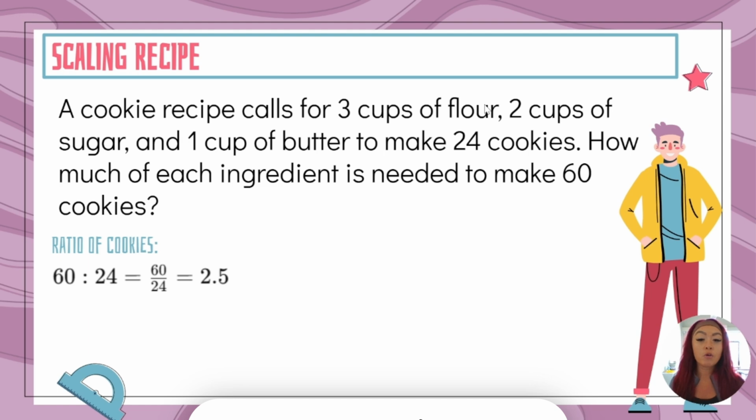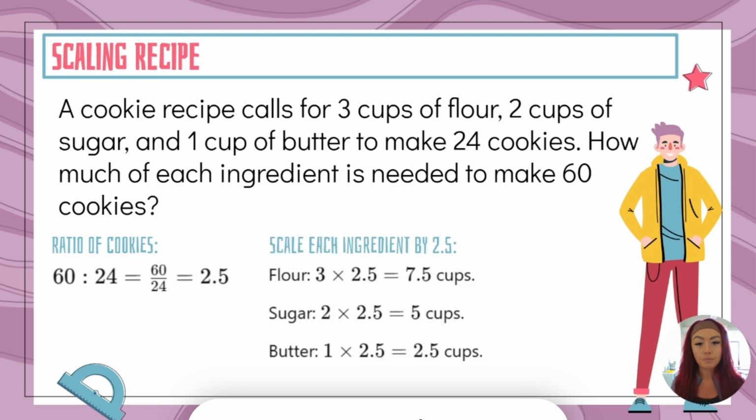So the ratio of cookies is 60 to 24. And when you divide that, you get 2.5. So we're going to use 2.5 as what I'm going to call our scale factor. So you'll scale each ingredient by 2.5. So for flour, we'll take our 3 cups and multiply it by 2.5, and we get 7.5 cups.